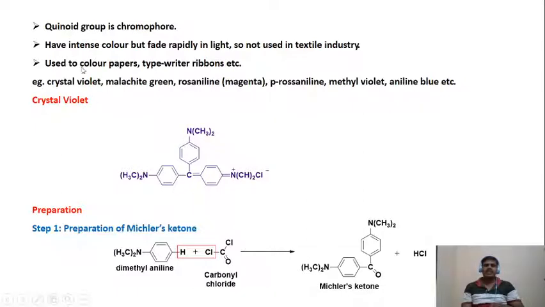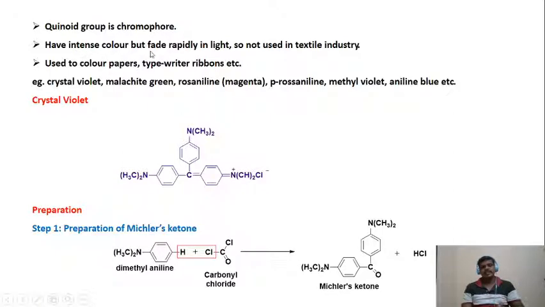Now these dyes show the quinoid group as a chromophore and have intense color, but fade rapidly in light. It means they have intense color, but when you keep this dye in light, that color gets faded away.